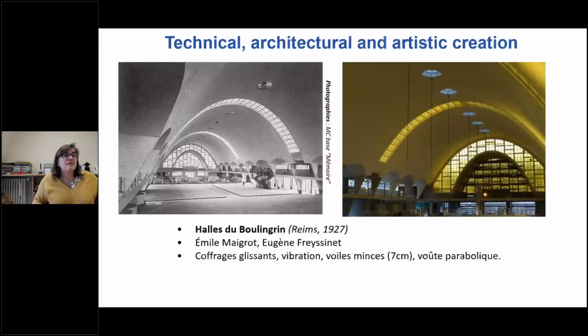Then a lot of things have been tested with concrete. It really was a vector of creation. Here, for example, you've got the market hall of Reims, which is very thin. If you can see the mouse, you can see here the size of a man, so it's a huge vault, which is only 7 centimeters thick.